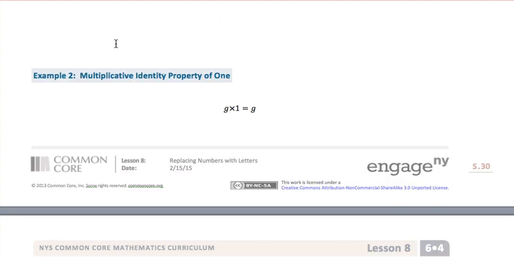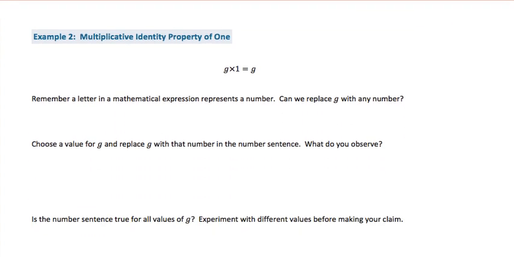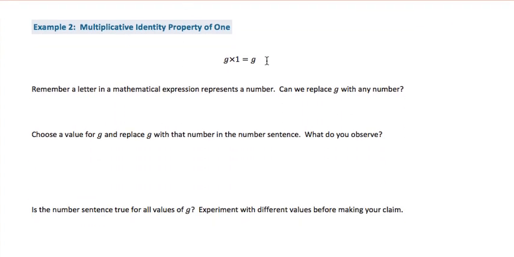Next, we'll look at the multiplicative identity property of 1, which says that G times 1 equals G. Remember, a letter in a mathematical expression represents a number. Can we replace G with any number? Okay, and of course we know that we can.